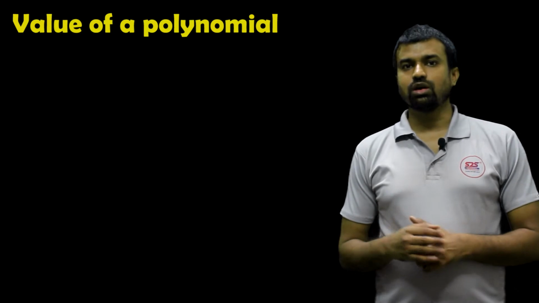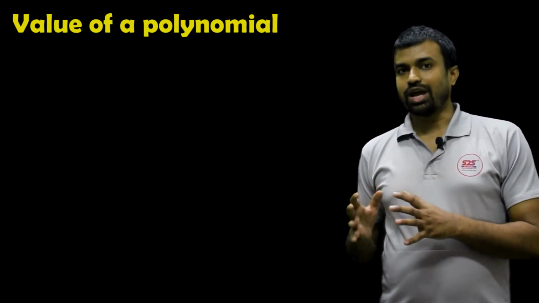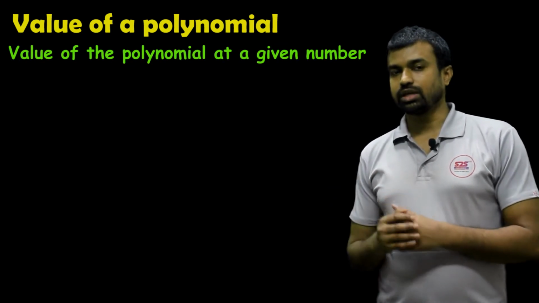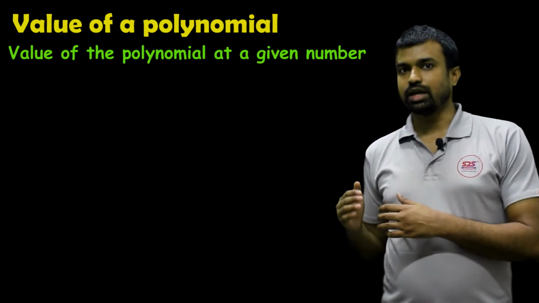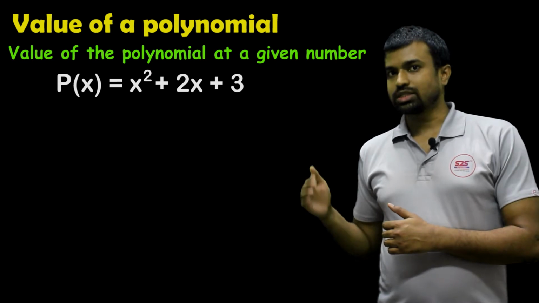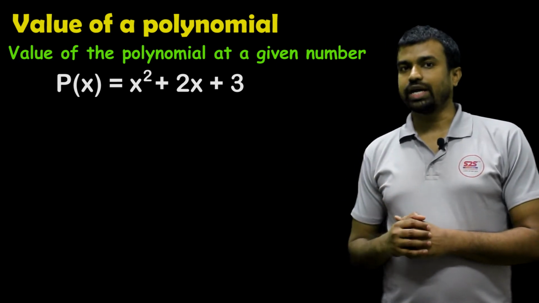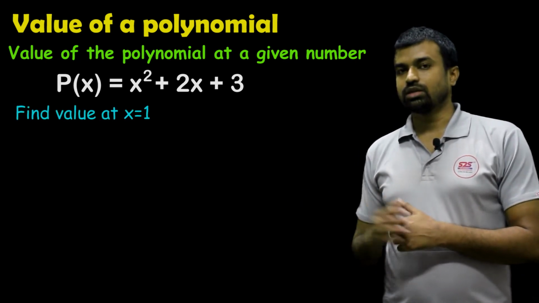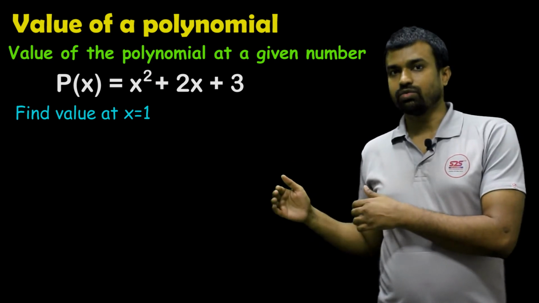Basically, the value of a polynomial is nothing else but the value of that polynomial at a given number. Like if we have a polynomial p(x) is equal to x square plus 2x plus 3, and we have to find its value at some given x, like x is equal to 1, what we will do is replace all the x by 1.